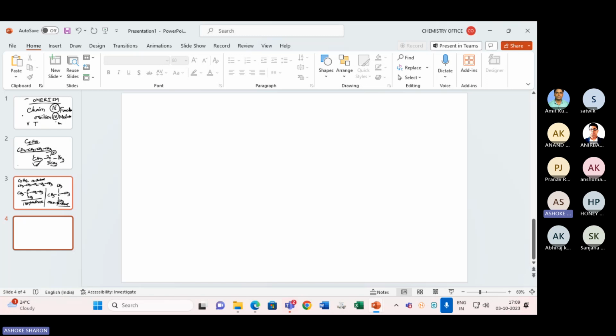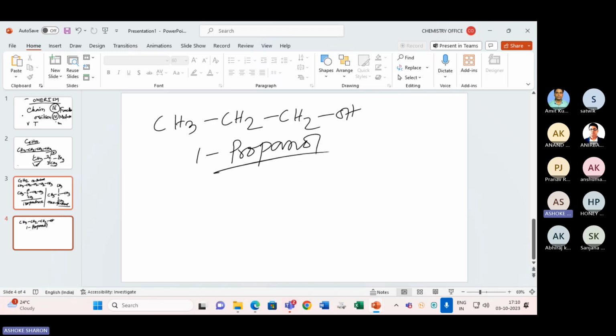For example, if I consider CH3, CH2, CH2, OH. This is called normal 1-propanol. Okay, now we can write this OH group in a different position.